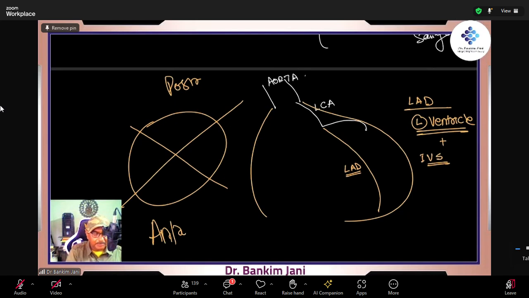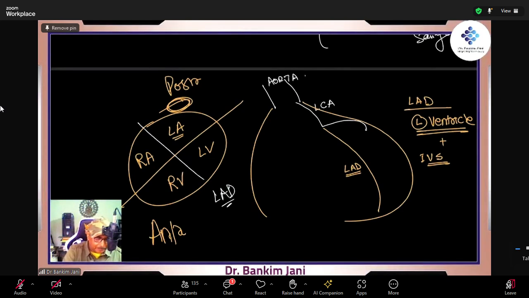So this is the left atrium, left ventricle, right ventricle, the right atrium. The left atrium is posterior. Just behind it, there is the esophagus. This is the reason when the left atrium is enlarged, it will compress the esophagus. That's the location for this LAD, left anterior descending. This portion is the septum which is between the left ventricle and the right ventricle, and that is called the interventricular septum.